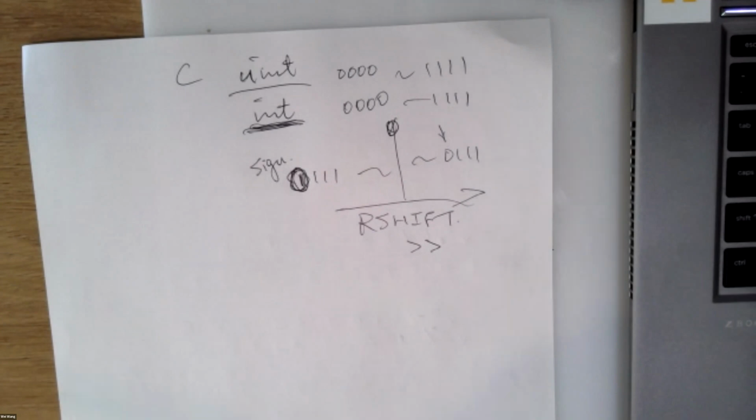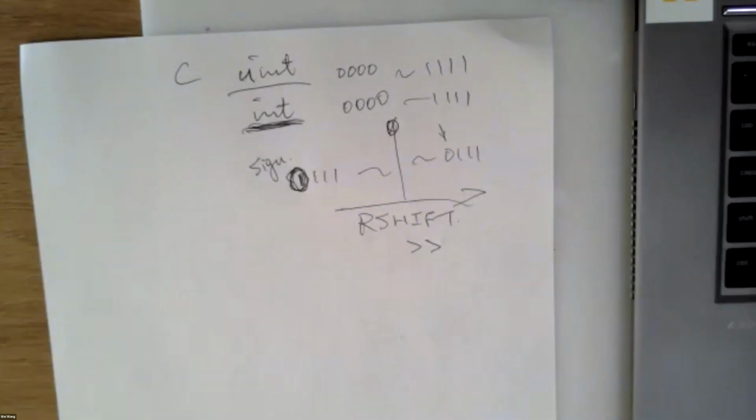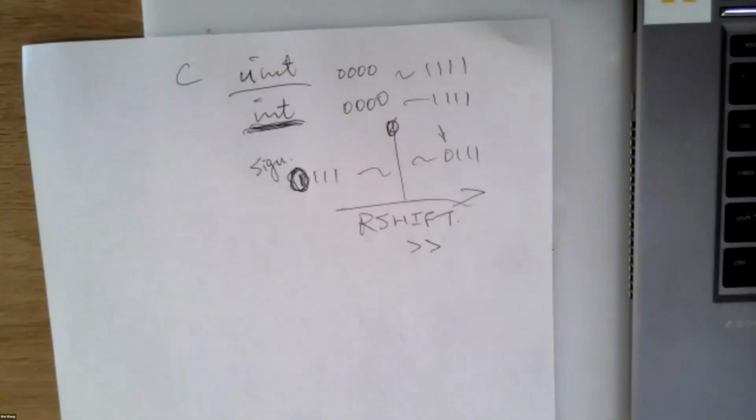But not in the ACSL sense. In ACSL, if you're dealing with 4 bits, it's just 4 bits. There's no sign or unsigned, no concern about that, and if you shift right, it always fills the left-hand side with zeros.